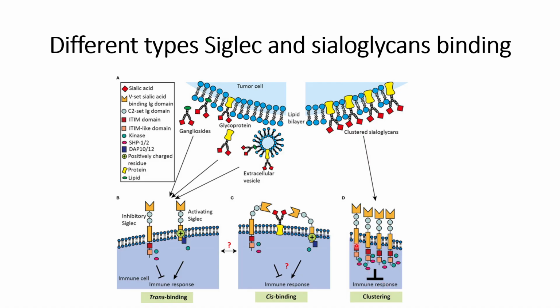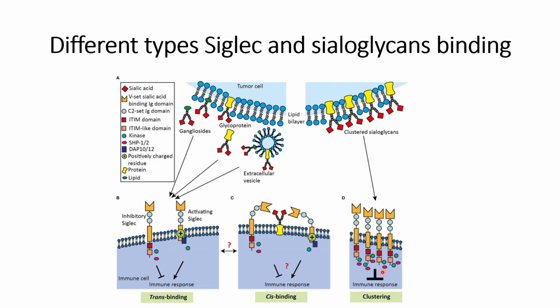In this case, since it is an inhibitory Siglec, it will trigger enhanced immune suppression, and thereby this kind of interaction helps the tumor cells in immune evasion. As we have seen in one of the papers, the ligands on the pancreatic cells interact with the Siglec-10 receptors on the macrophages.